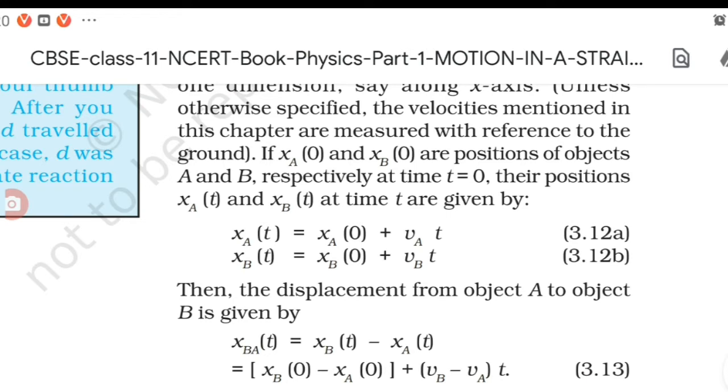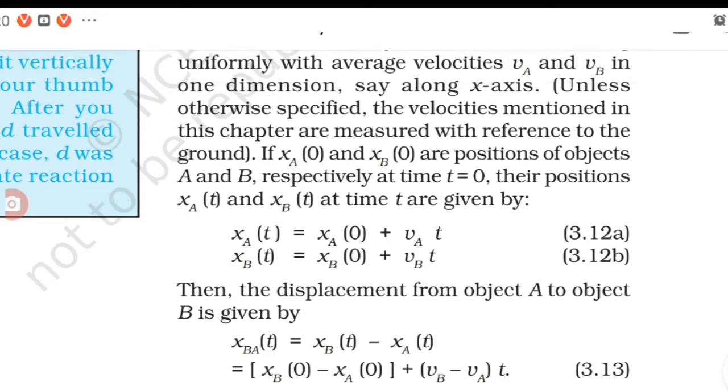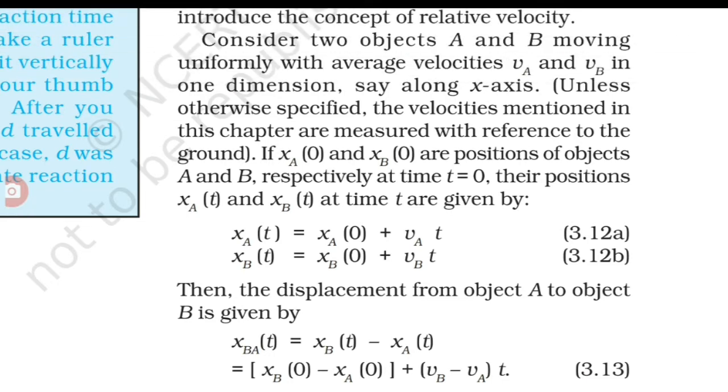Left hand side is xb of t minus xa of t. Right hand side becomes xb0 minus xa0 plus vb minus va into t.